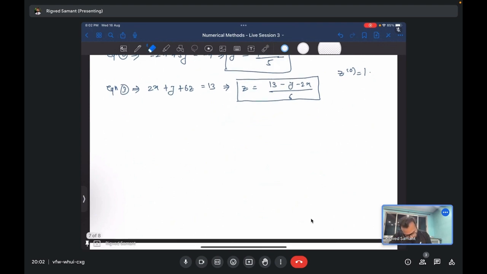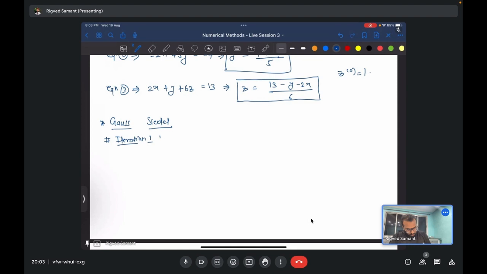So for Gauss Seidel, iteration 1, you will find x.